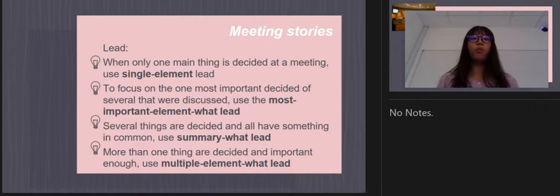To focus on the one most important thing decided from several things, use the most important element lead. And if several things are decided and all of them have something in common, use the summary word lead. And if more than one thing is decided and important enough, use the multiple element lead.